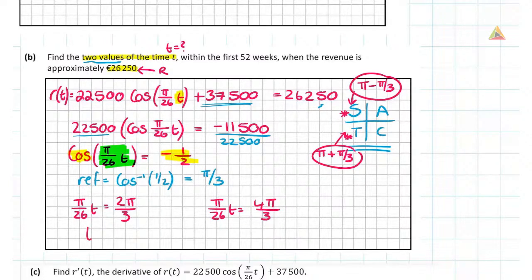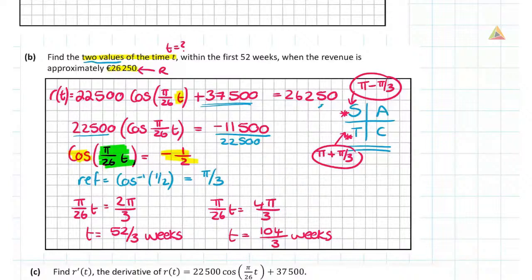When we solve for t here, we divide by pi over 26. That gives us t is 52 over 3. And when we solve here, dividing by pi over 26 again, we're getting 104 over 3. And remember, our time is in weeks.